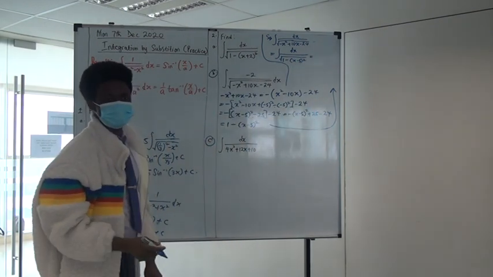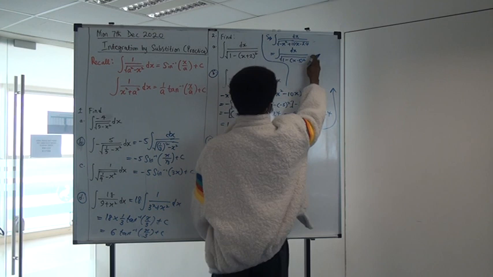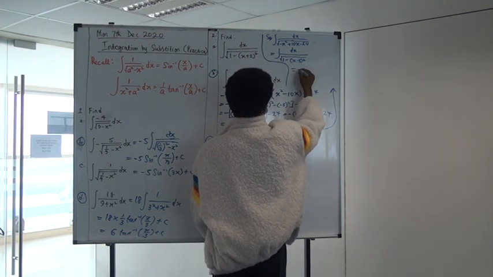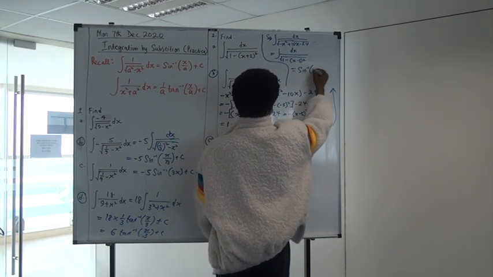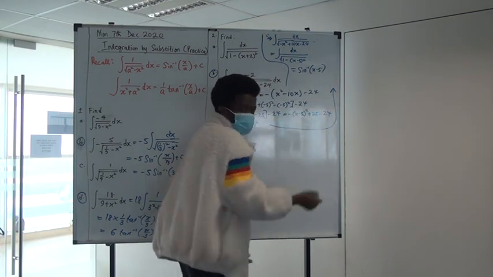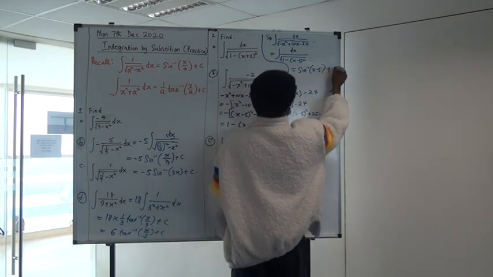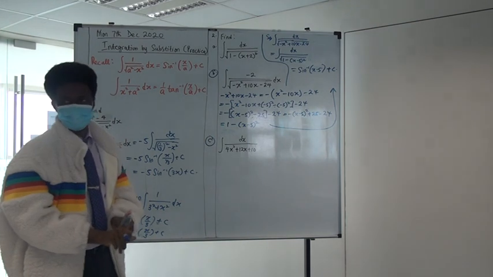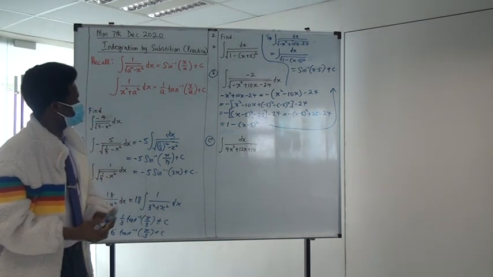And that is just arc sin, yes, with a as 1. So that is simply arc sin of x minus 5 divided by 1, which is just x minus 5 plus c. Okay? Calista?